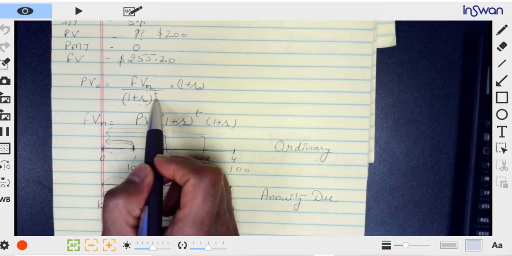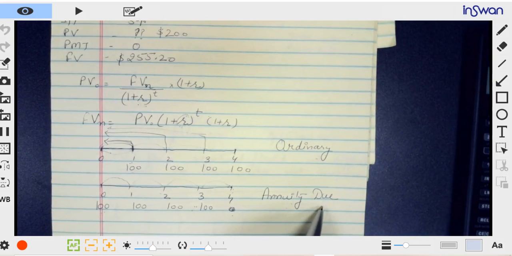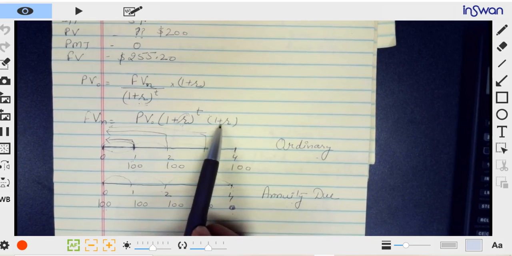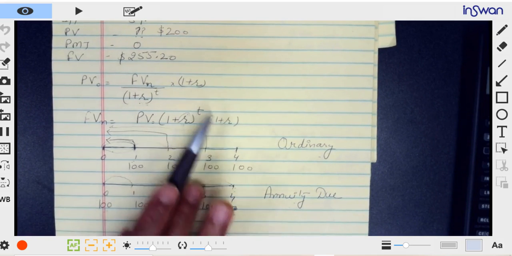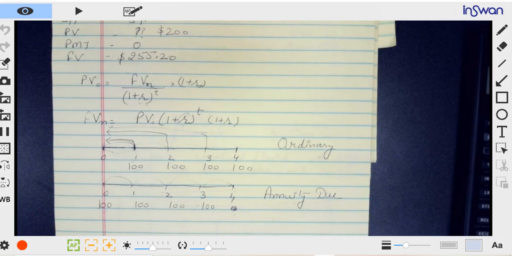So long story short, the best way to get anything for annuity due is to calculate normally as an ordinary annuity, whether it is present value or future value, and then multiply your result by 1 plus R. This will take care of the annuity due part, okay?